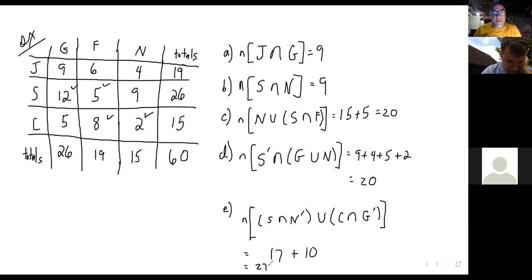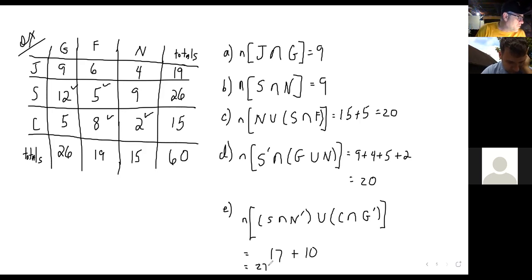There may be a situation where they would overlap. I don't have one per se in this example. Okay. But in which case you would just make sure you subtract them out. That is, don't count them twice.